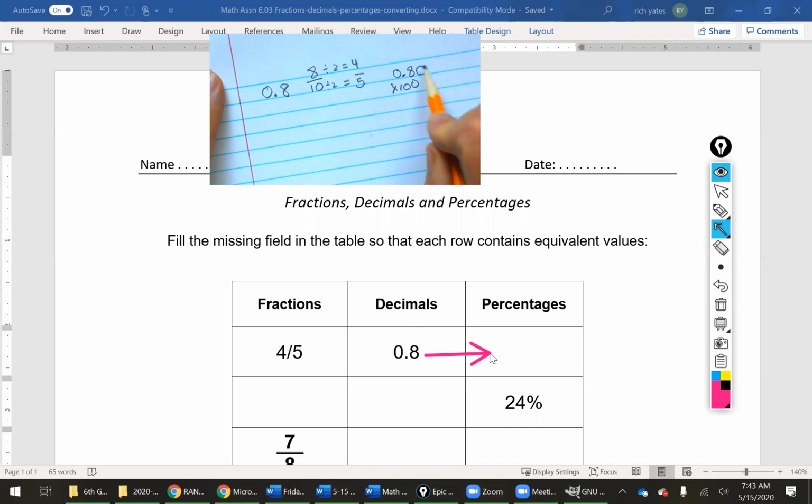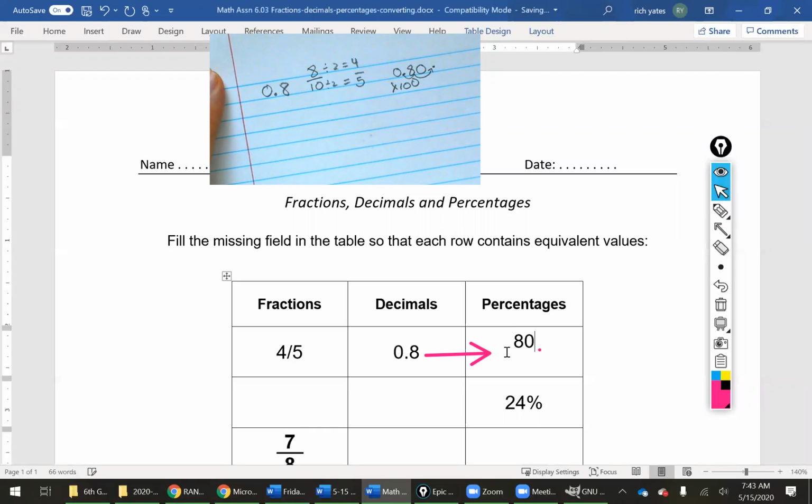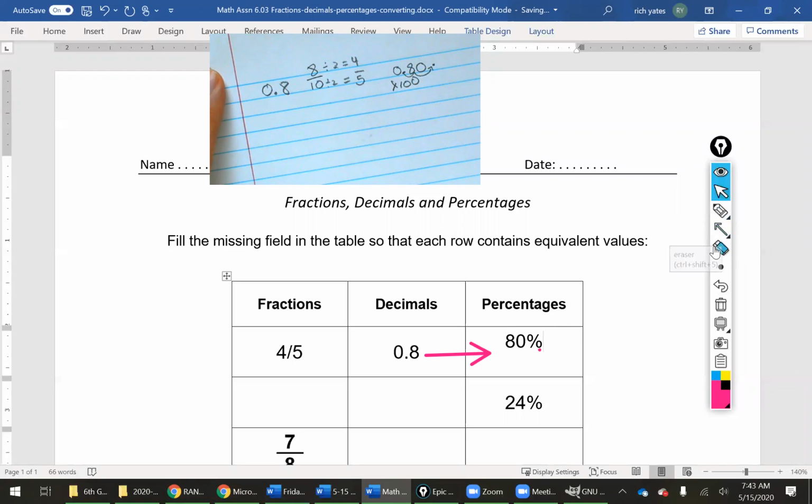So I'm going to add some zeros. 1, 2. Move my decimal over. And now my 0 and 8/10 has become a percentage, and the percentage is 80%. So I'm going to go ahead and type that in, and make sure I put that percent sign. And we'll go through the rest of these.